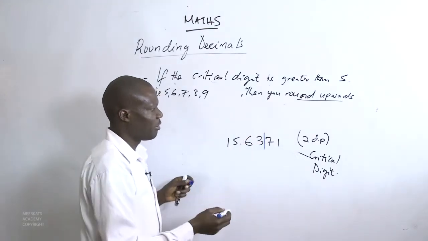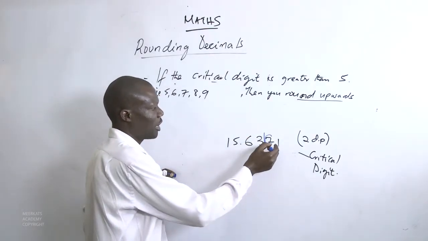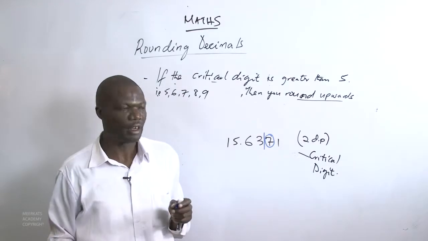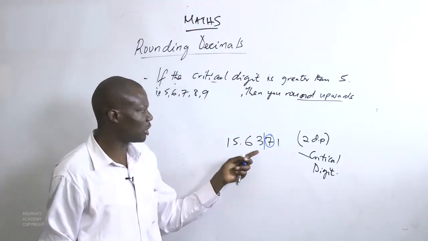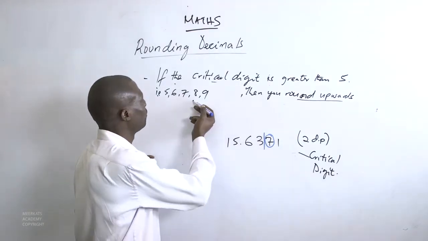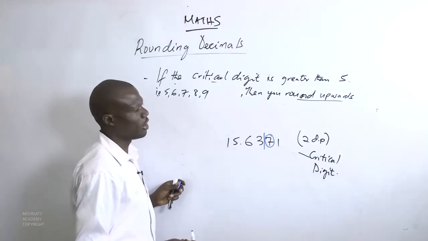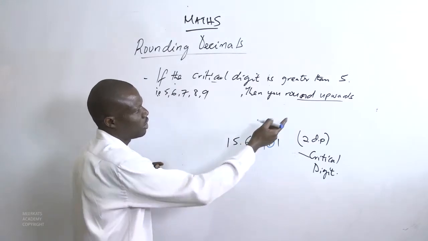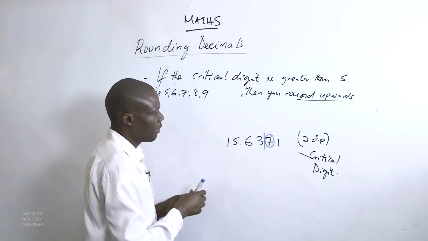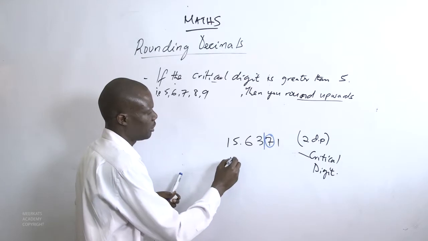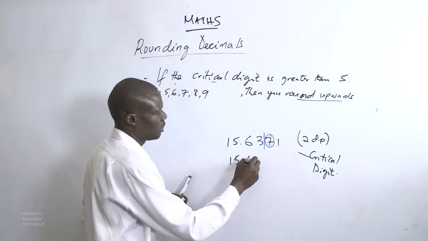Put a line, then you circle the critical digit, and consider it. If it is above 5, then you'll find that 3 will increase by 1. We are going to round upward, so the answer will be 15.64.